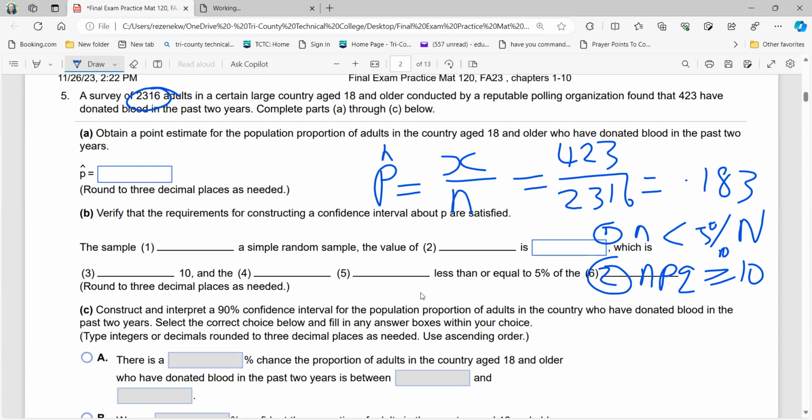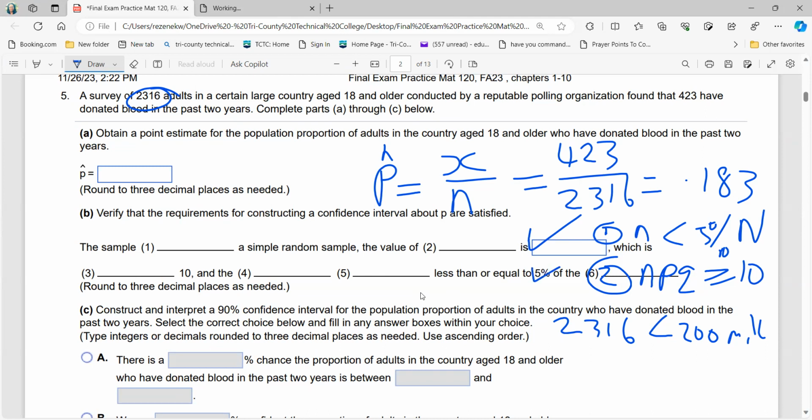Well, guess what? 2316 is less than 200 million. So condition number 1 is satisfied. The sample size is less than 5% of the population.